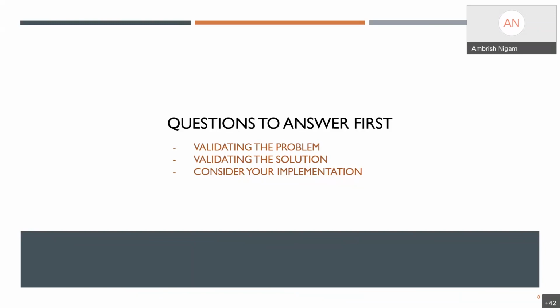Is it feasible to implement our initial idea, especially if you have a tech product? Do we have the available resources in hand to produce that outcome in a reasonable time frame? Because if we are investing too much time in building the solution, you might just miss the opportunity, right?